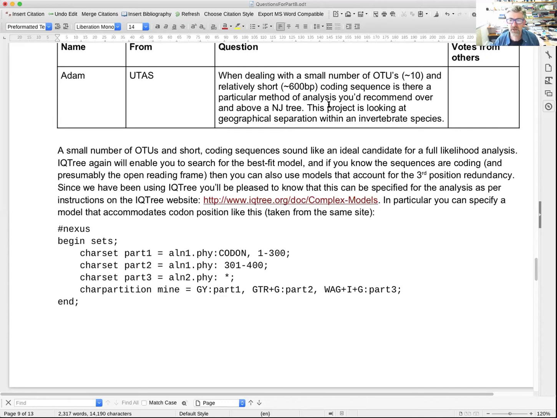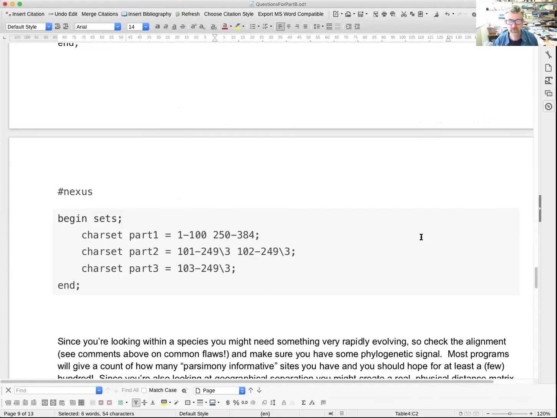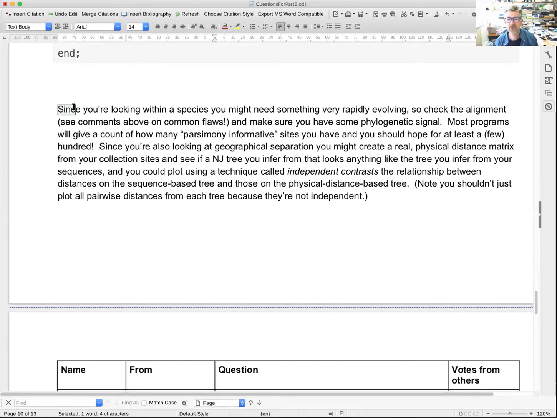You also say that you're talking about looking at geographical separation, and it's within a species. So that may raise a couple of issues as well. Let's scroll down to here. Since you're looking within a species, you might want to find something that's evolving super, super fast. So you should go back to your alignment and check that it has enough information in there for you to resolve the phylogeny.